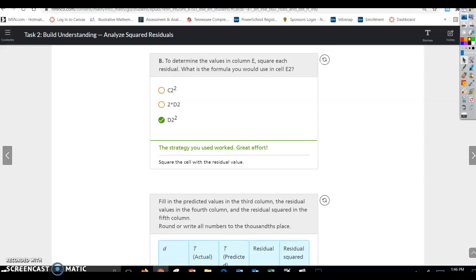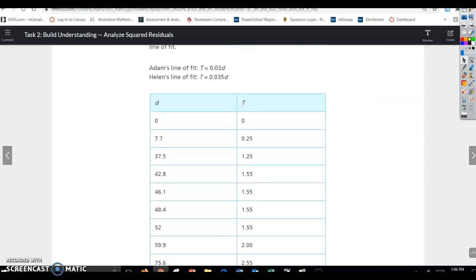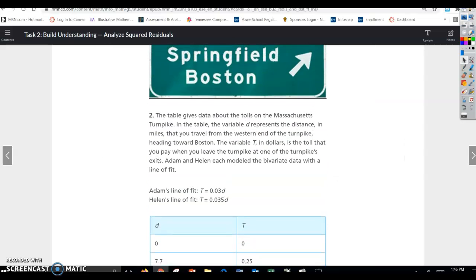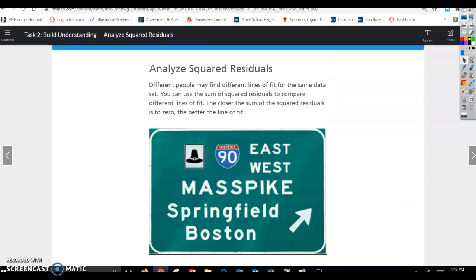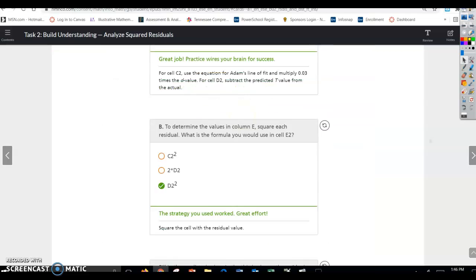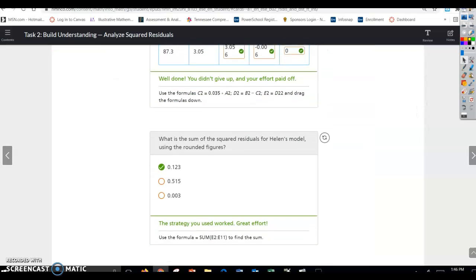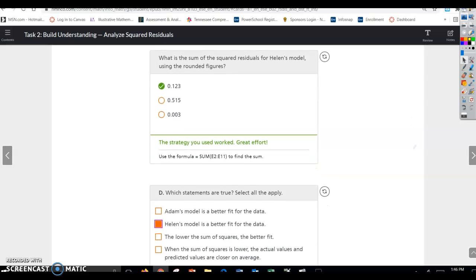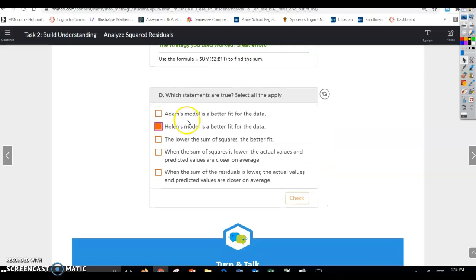If you go all the way back to the top here, the closer the sum of squares residuals is to 0, the better the line of fit. So that's why we have to do that. 0.123 is better. The lower the sum of squares, the better the fit.